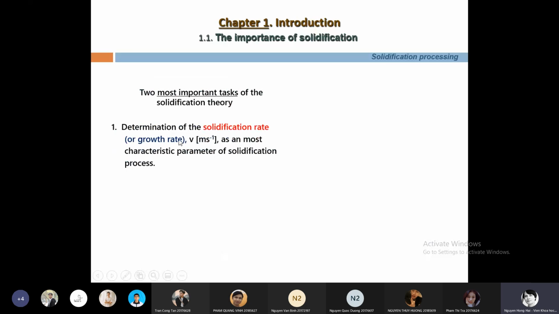In some literature we have the terminology flow rate. V, meters per second. It is the most characteristic parameter of the solidification process: solidification rate. And it is very strongly related with the cooling rate.